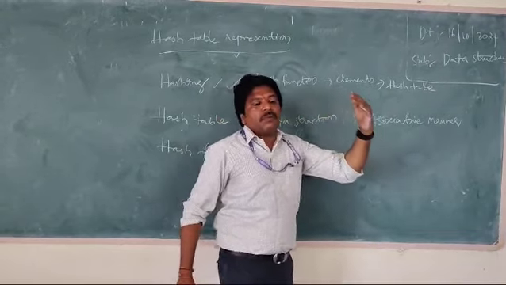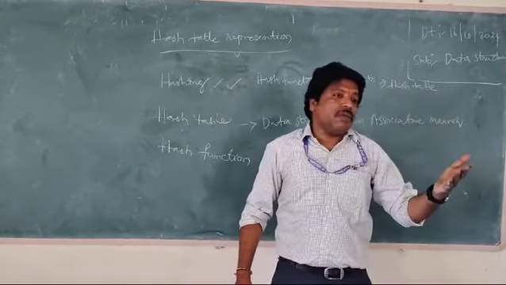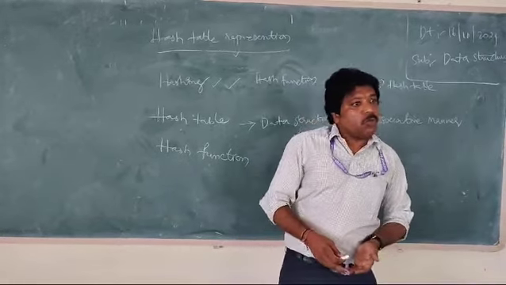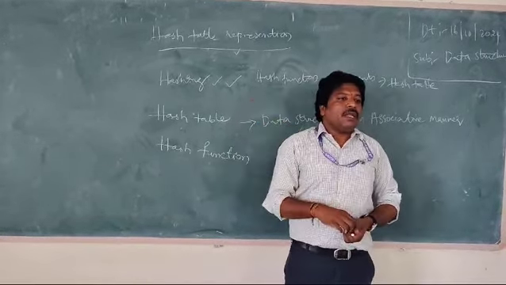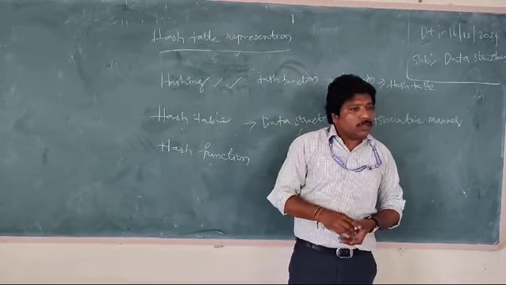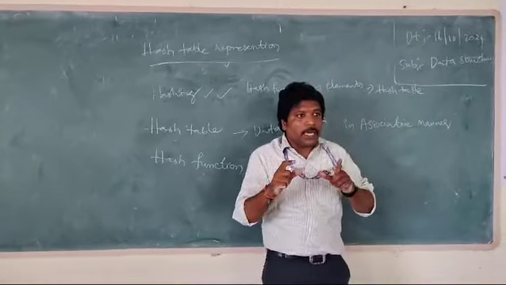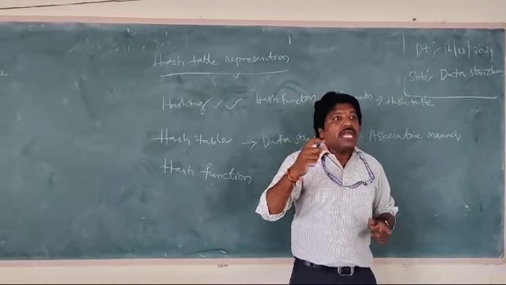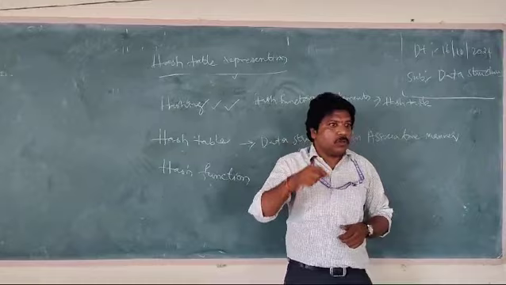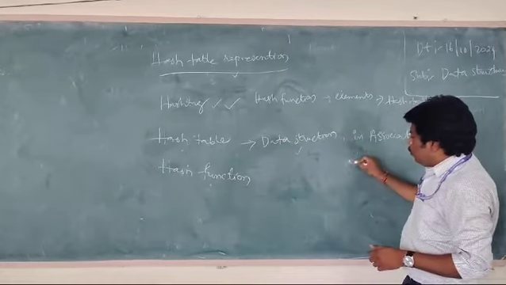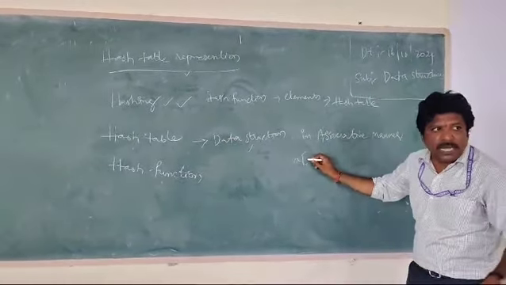In the previous session we have seen arrays. An array is also one type of data structure. In this data structure, how do we store the elements? We store the elements in the array based on the array indices, A[0] and so on. First we have to define some size for the array.